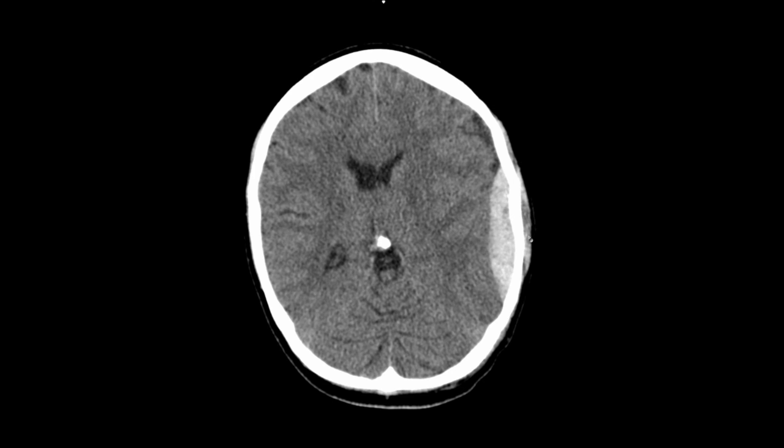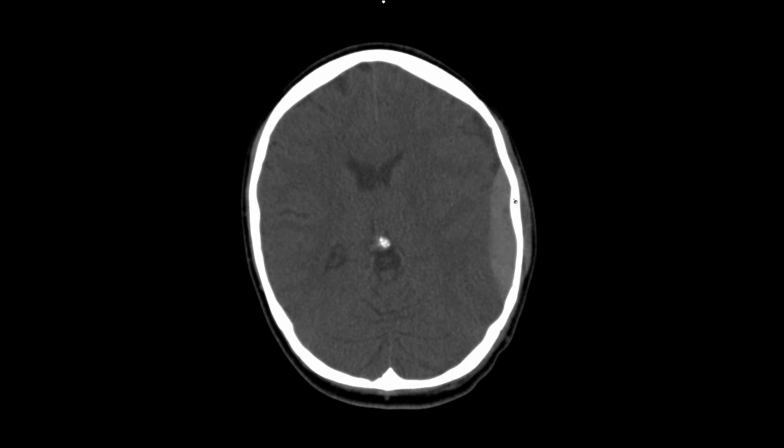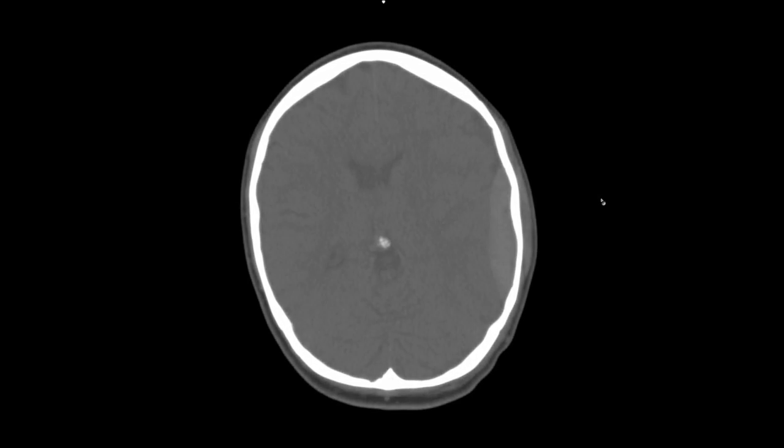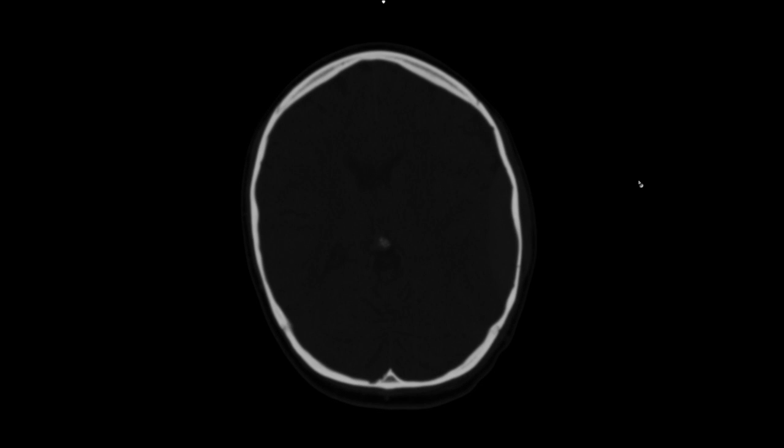So what do we do now? We need to know whether this patient has fractured her skull. To do that, we need to change the window settings so we can see the bone in more detail. Here we can see a horizontal line through the skull vault where there is no horizontal line on the opposite side.